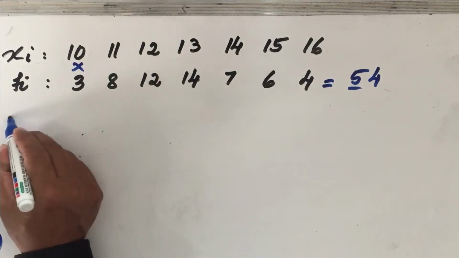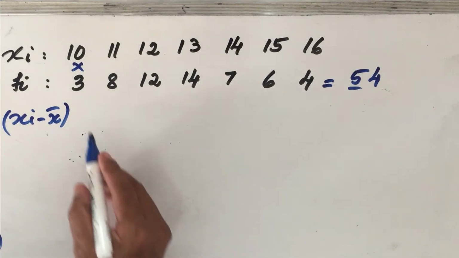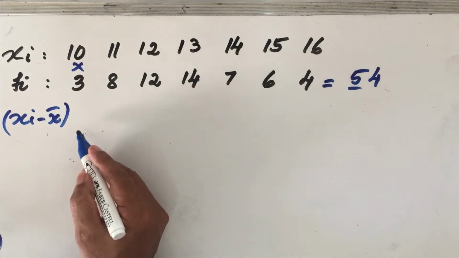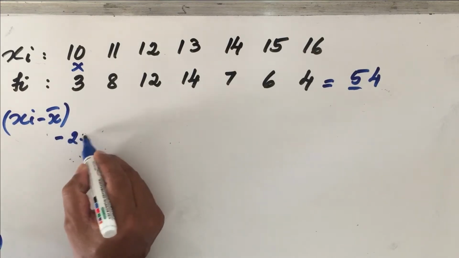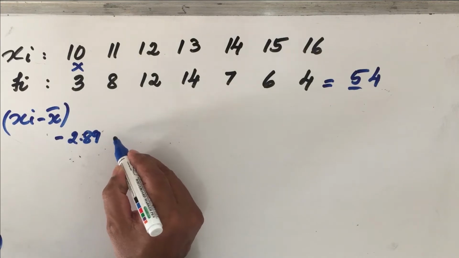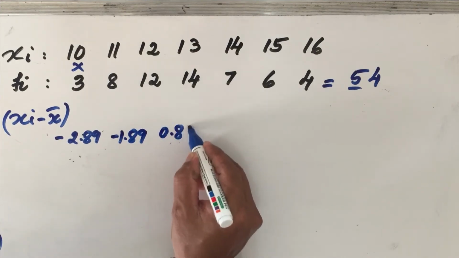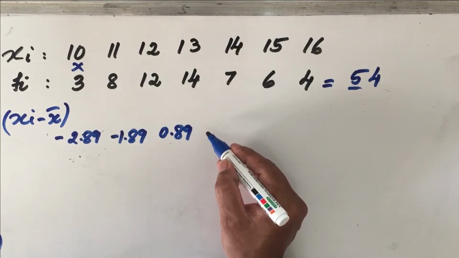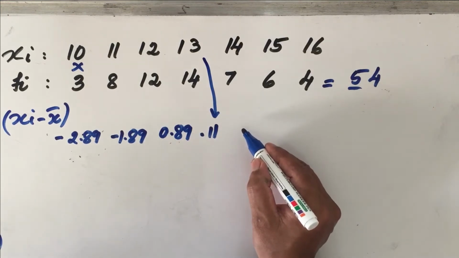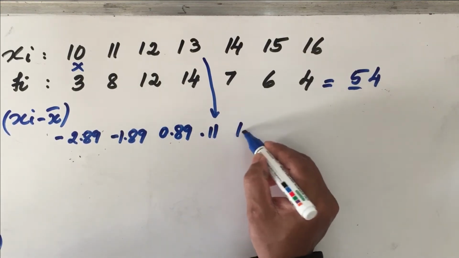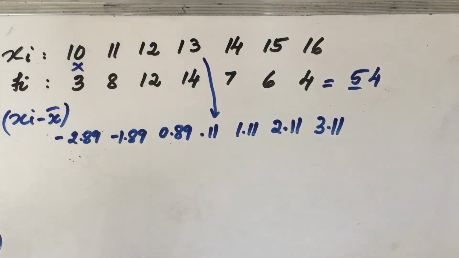So 10 minus 12.89, this is going to give us, now it will be all in decimals, minus 2.89. 11 minus 12.89 is equal to minus 1.89. 13 minus 12.89 is going to be 0.11. 14 minus x bar is equal to 1.11, this is 2.11 and this is 3.11. Okay, we got xi minus x bar.